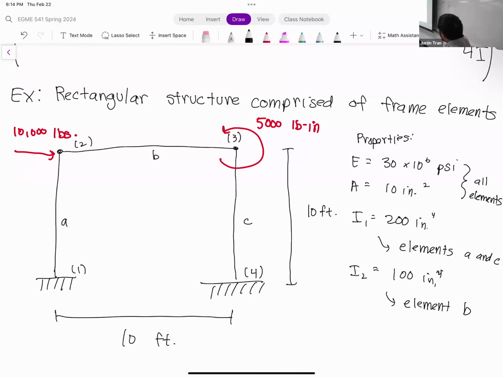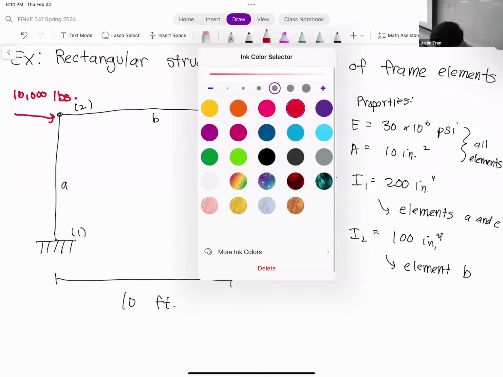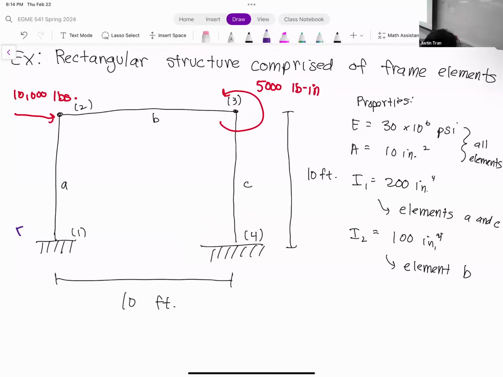All right. So nodes 1 and 4, we're going to assume are fixed to the ground. So since 1 and 4 are fixed to the ground, the only nodes that are going to deform here are nodes 2 and 3.